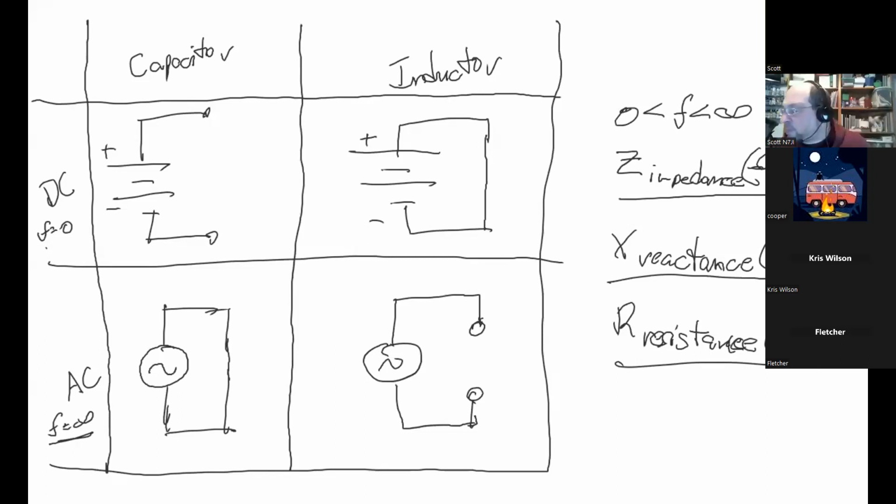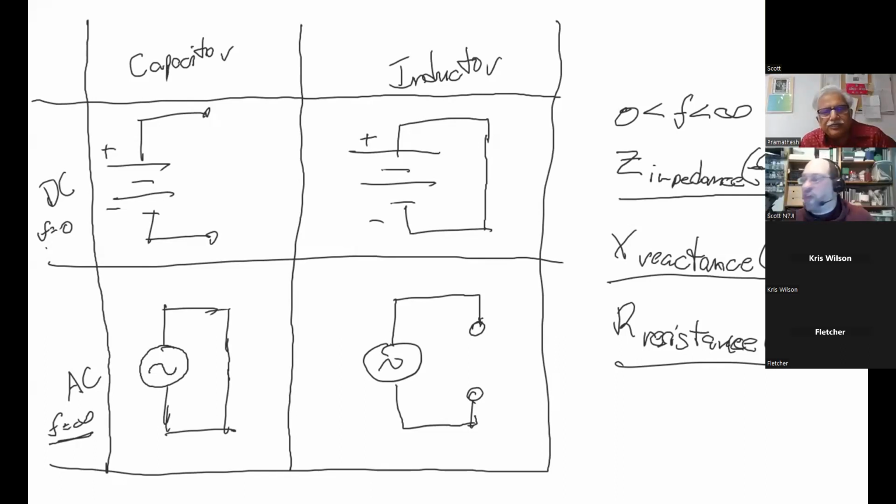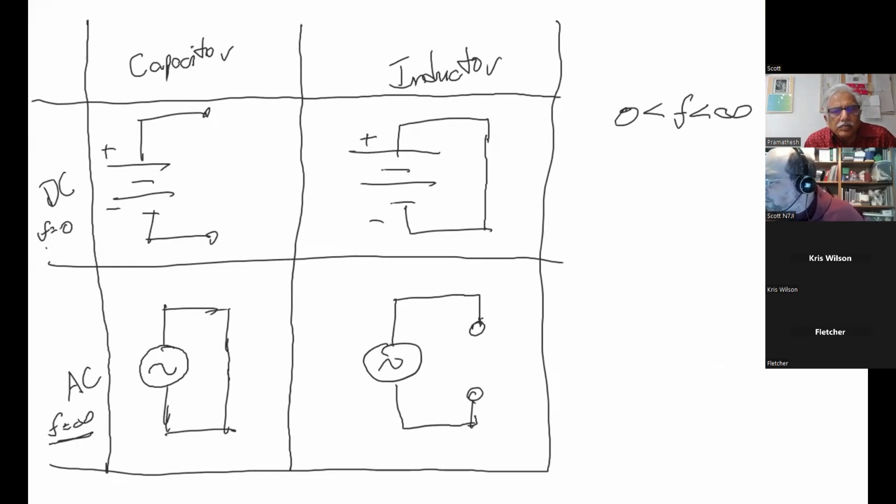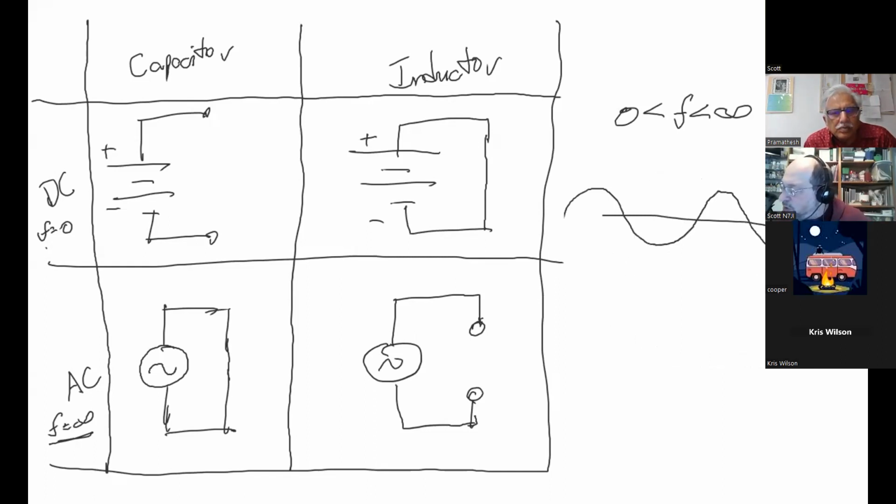Well, what it turns out is that these capacitor and inductor have a special thing about them. Remember we drew a sine wave the other day, and then we drew another one that looked like this, in phase?